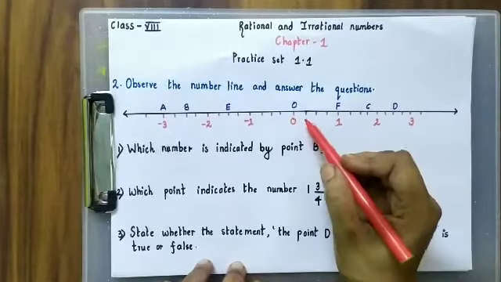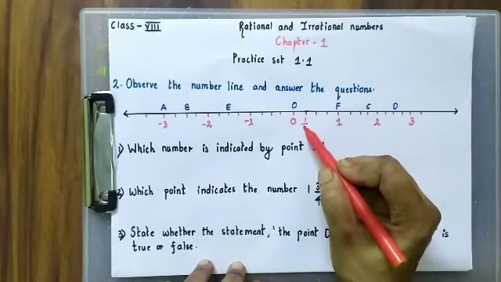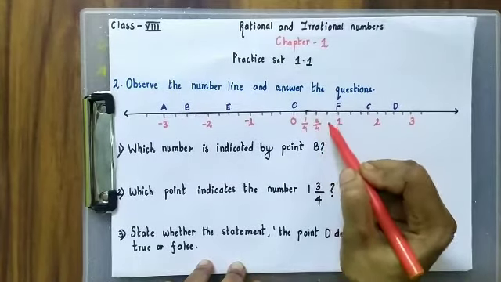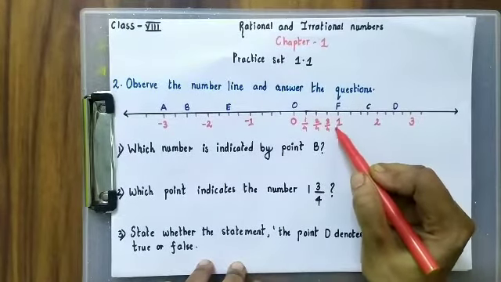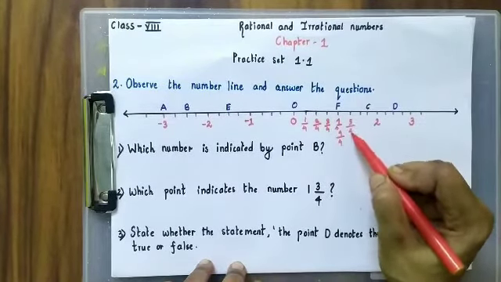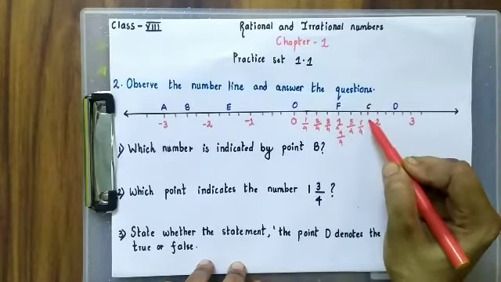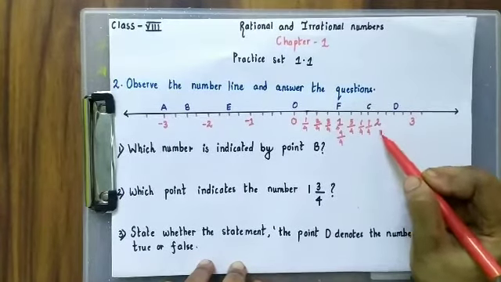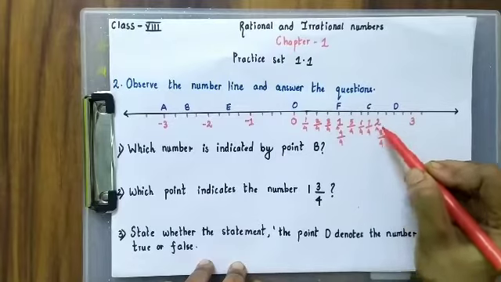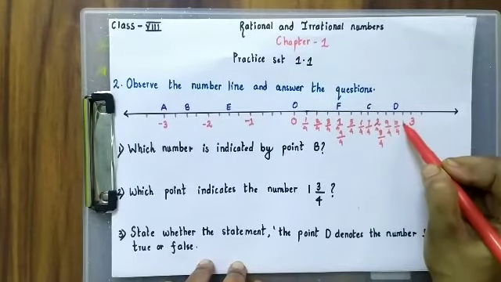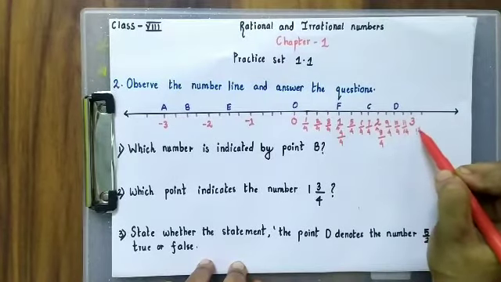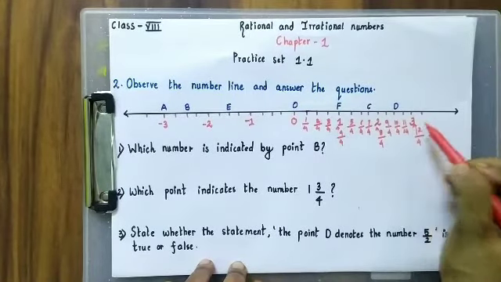So let's see what the numbers are. This will be 1 by 4, 2 by 4, 3 by 4 and 4 by 4 gives us 1. Then 5 by 4, 6 by 4, 7 by 4, 8 by 4 gives us 2. 9 by 4, 10 by 4, 11 by 4 and 12 by 4 gives us 3.